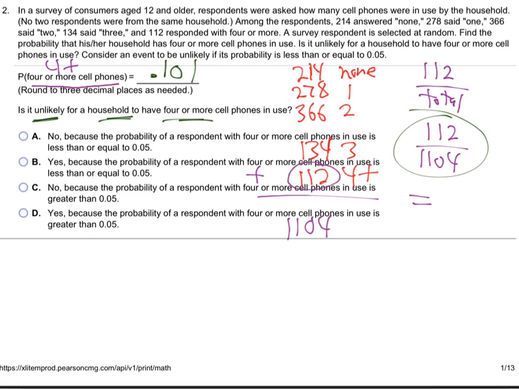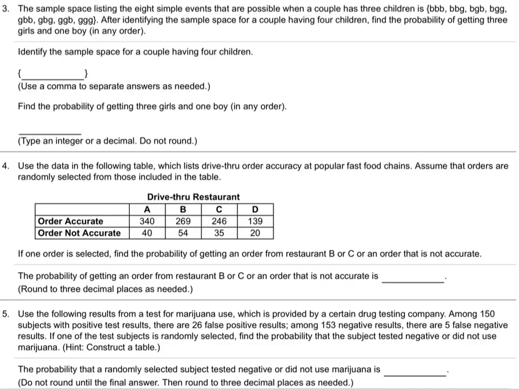Up here they said, consider an event unlikely if it's less than 0.05. Is it less than 0.05? No, it's not. No, because the probability with 4 or more is less than... oh, no, it's not less than. It's no, because it's greater than. So it's C. We good? All right, on we go.